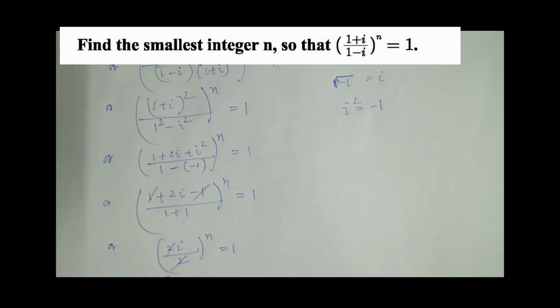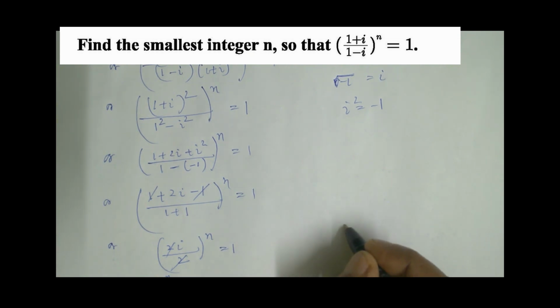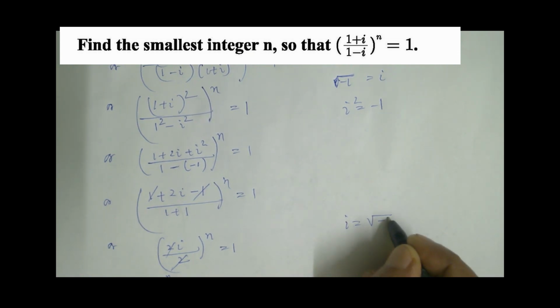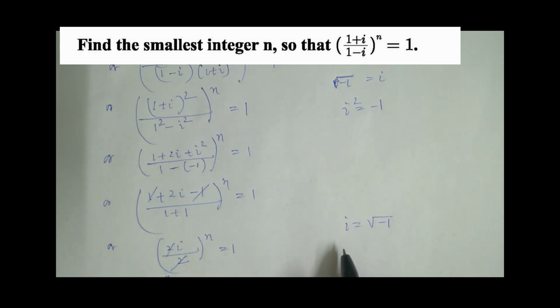Now on the right hand side we will express 1 as i to the power something. We know i means the root of minus 1, as per the definition of an imaginary number. So if we square both sides, i square is equal to minus 1.